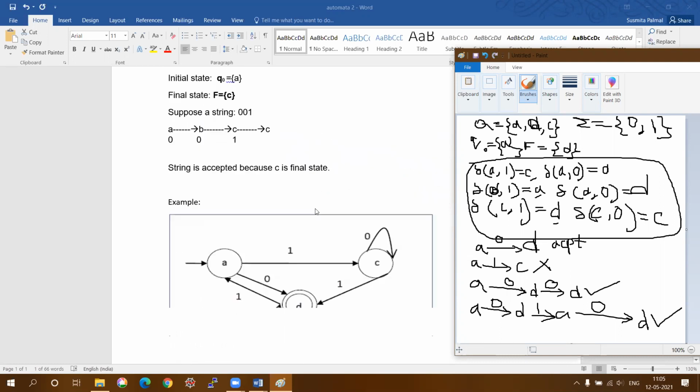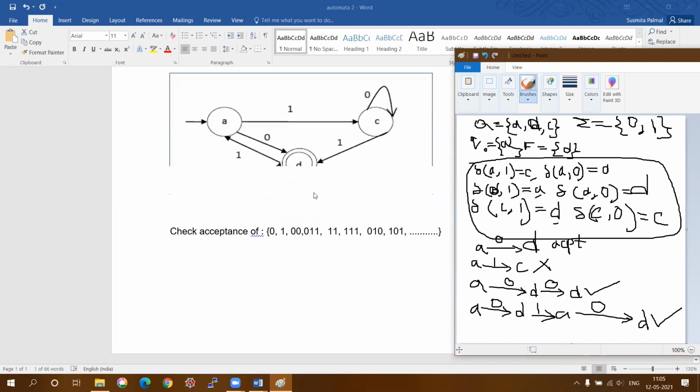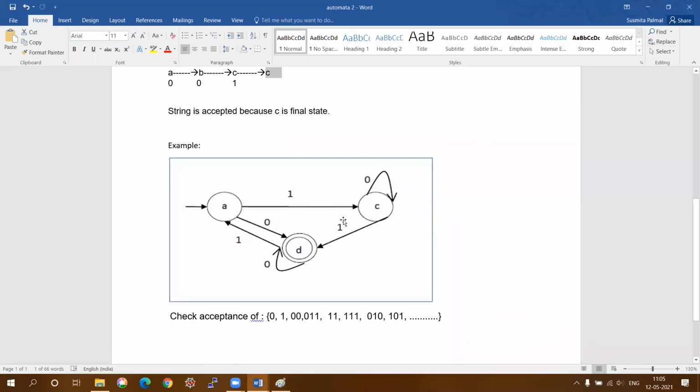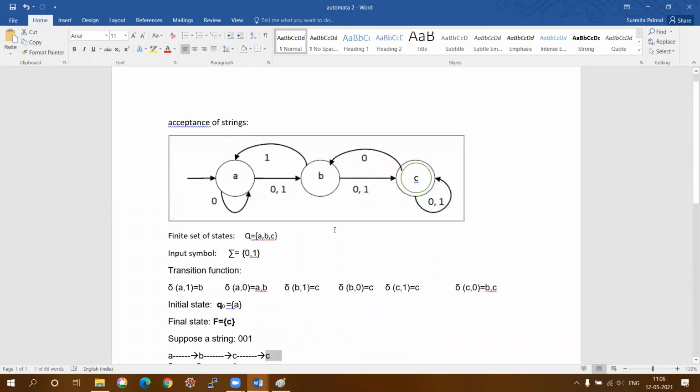For the second example, it is easier to decide where to go. This is called deterministic finite automata. Deterministic because it is very easy to determine where to go. But if there is more than one option, it is not.